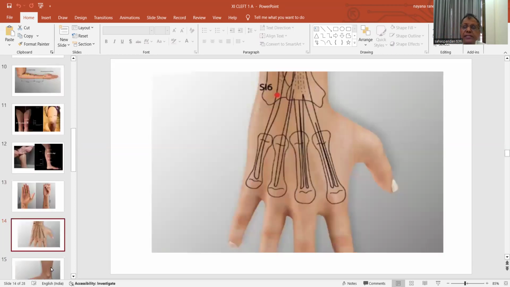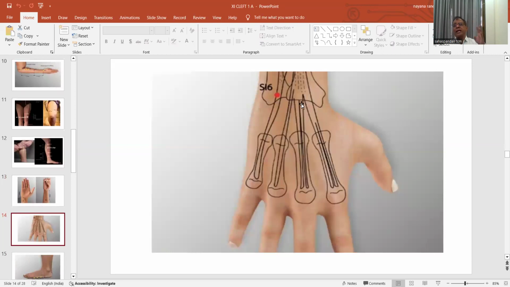Small intestine 6 is indicated for pain of the shoulder, scapula, and arm that is so acute that it feels as if they are broken or dislocated.